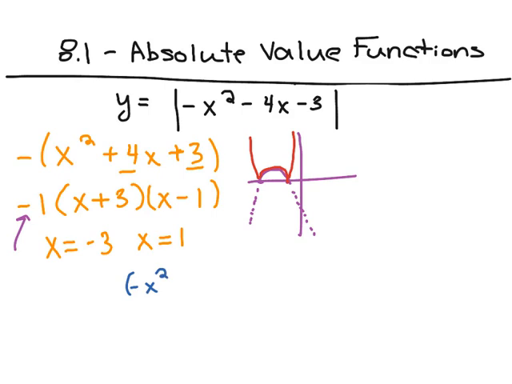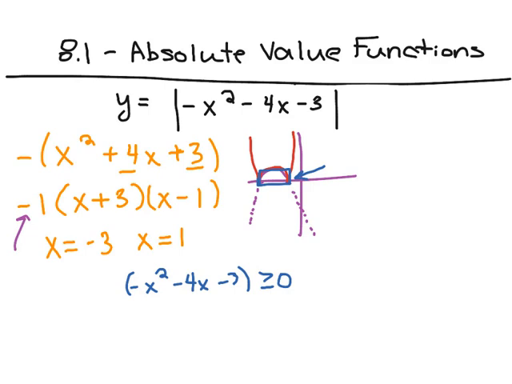negative x squared minus 4x minus 3 to be greater than 0, this is just like the linear inequality unit. So it is either going to be between our two critical points or on the outside of our critical points. So if you look at the original function, it's positive between the 2 points.